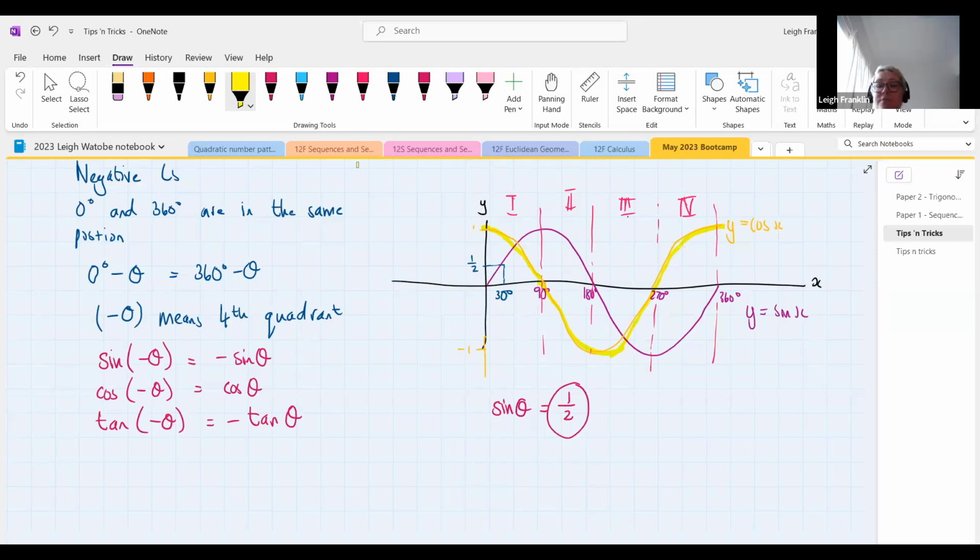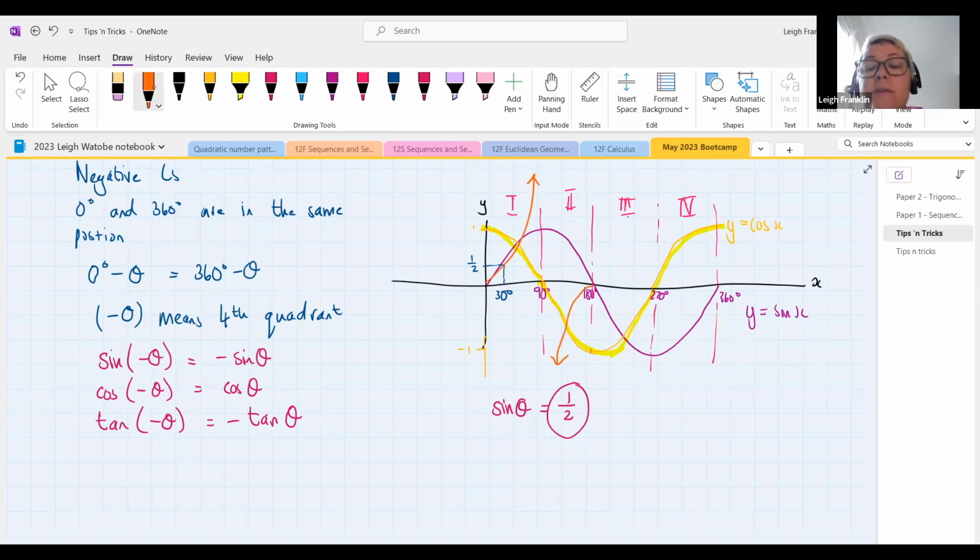Okay, so this informs our CAST diagram. In my opinion, it's when you start looking at the graphs like this that your general trig starts to make sense. Okay, and then the same thing would happen with your tan graph. So remember there are asymptotes at 90 and 270. So your tan graph would do, let's do it in orange, your tan graph would do that.